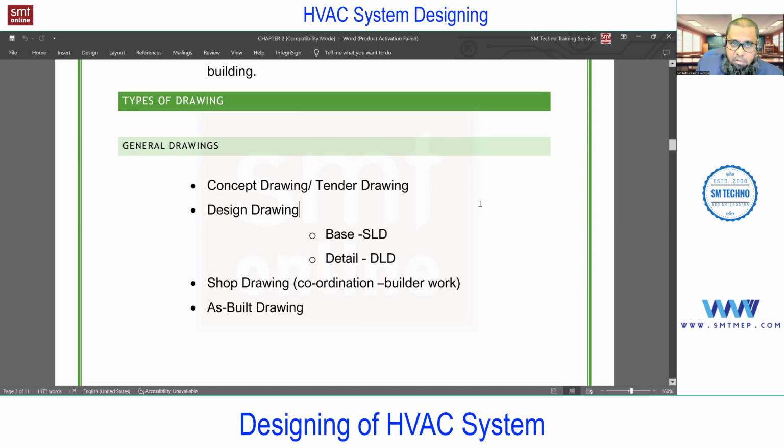One more point here, what do you think? Is the wall a load on the building, or does it bear the load of the building? Wall itself is a load on the building, right? This definition is for common walls. But now in the market we have special construction with concrete walls.